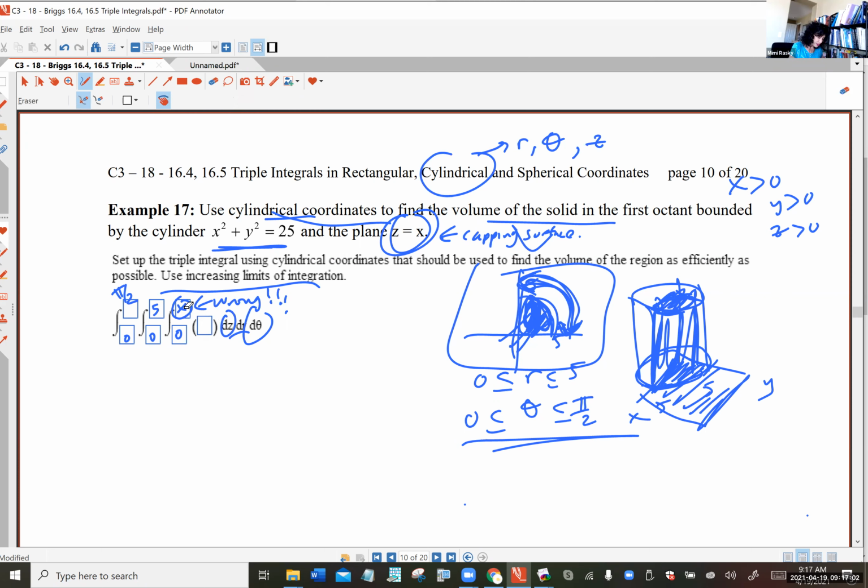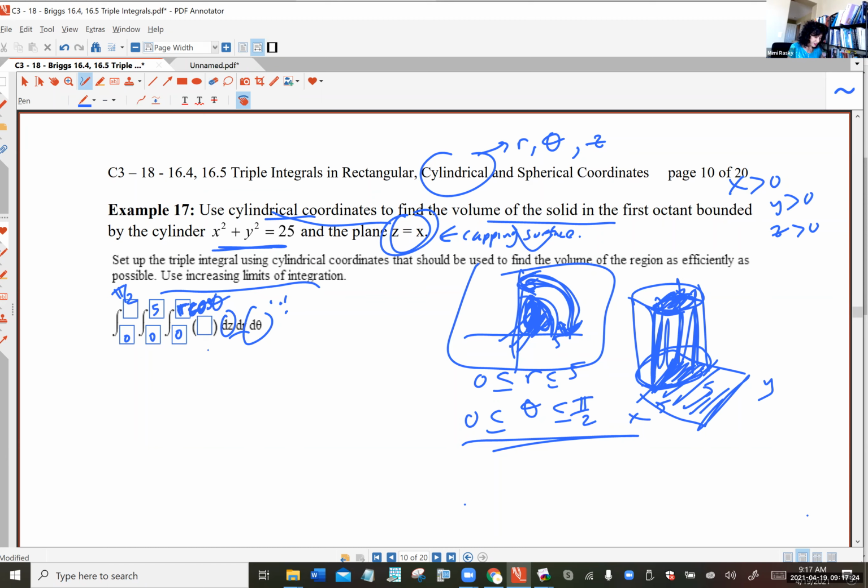So what are you going to put instead of x, even though that's technically the capping surface? Cosine theta. r cosine theta. Thank you very much. r cos theta, because that's what x is. The conversion formula is r cos theta.